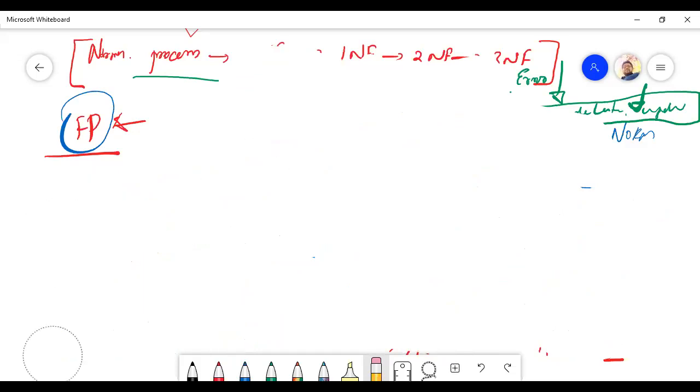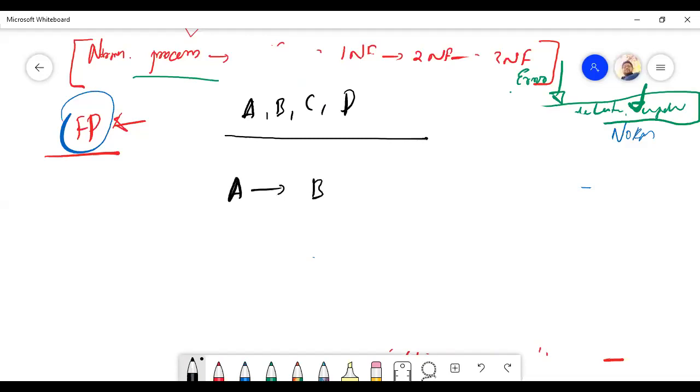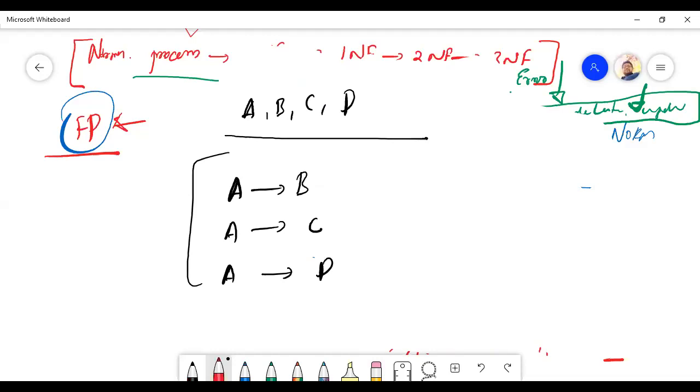Now I'm going to write A, B, C, D. I have four attributes. As we already learned, one is dependent, the second is determinant.